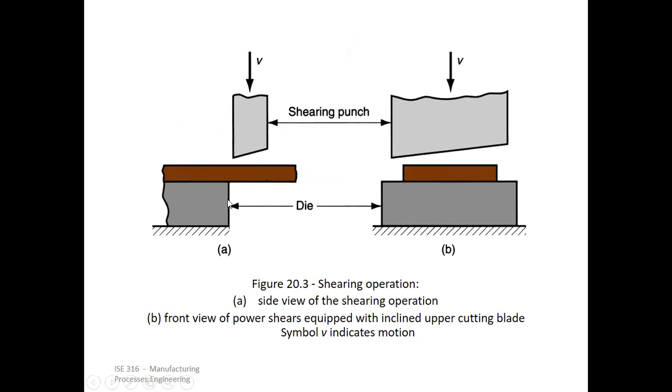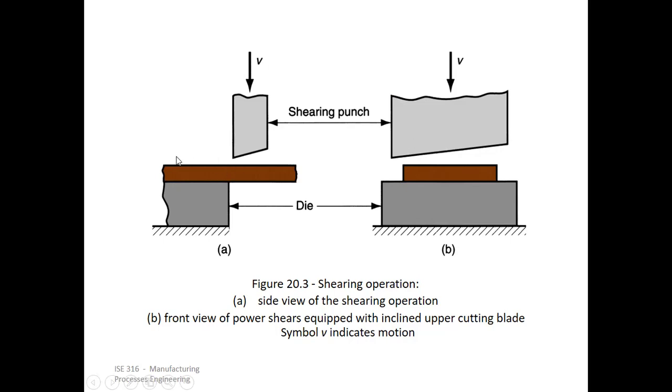So this A is the side view of the shearing operation. If you look at it from the front, it will look like this. But you're not able to understand how this shears. One may look at this diagram and conclude that this is basically trying to compress it. But when you look at it from the side, you will see that the punch and die are not exactly in line.